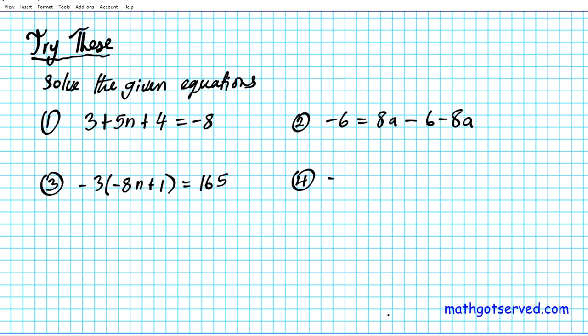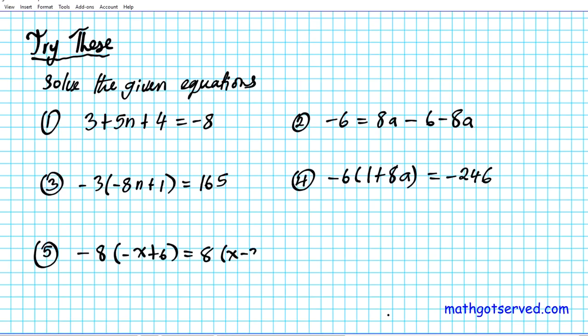Question 4, what if you have negative 6 times 1 plus 8a equals negative 246? And number 5, what if you have negative 8 times negative x plus 6 equals 8 times x minus 3 minus 4?